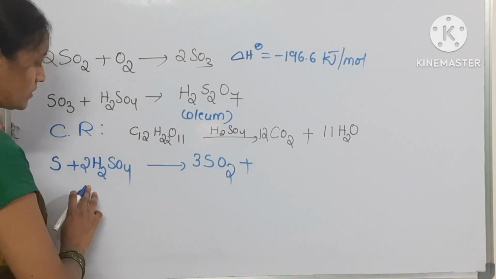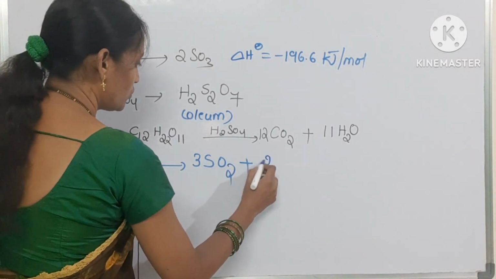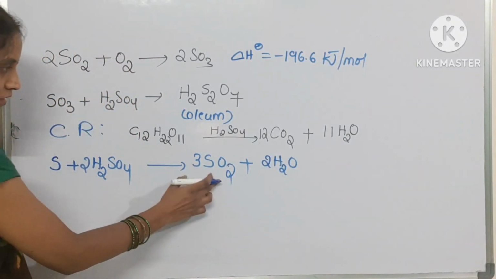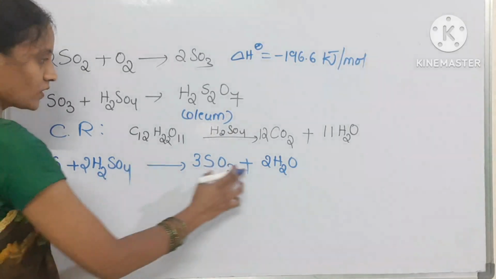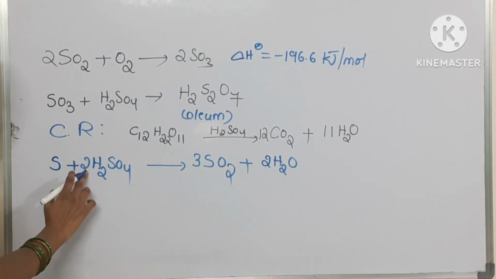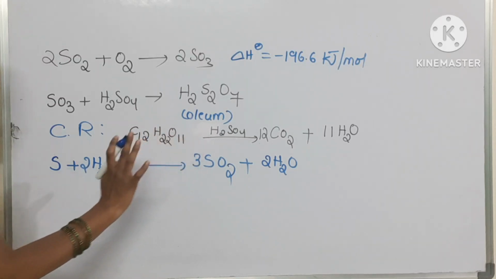How many water molecules here? 2 water molecules. Is it balanced? 3 2s are 6, plus 2 is 8. Yes, it's balanced. 2 sulfur atoms, 4 oxygen atoms, 4 hydrogen atoms.